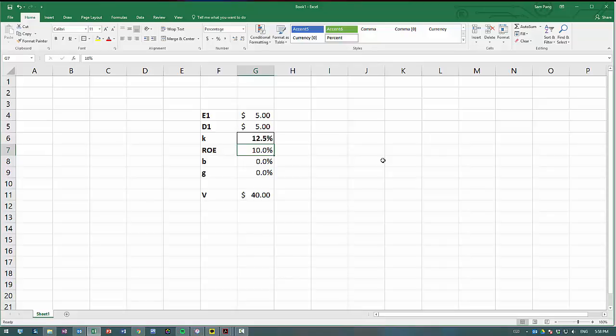So for example, instead of 10%, some other company has a lot of bright ideas and their return on equity actually exceeds investors' expectations, so they can earn 15% for the money you give them.